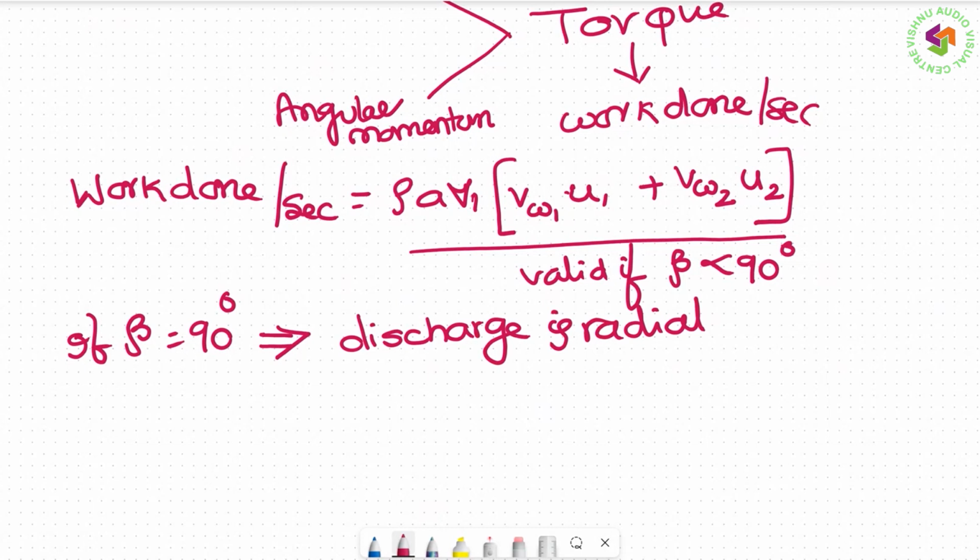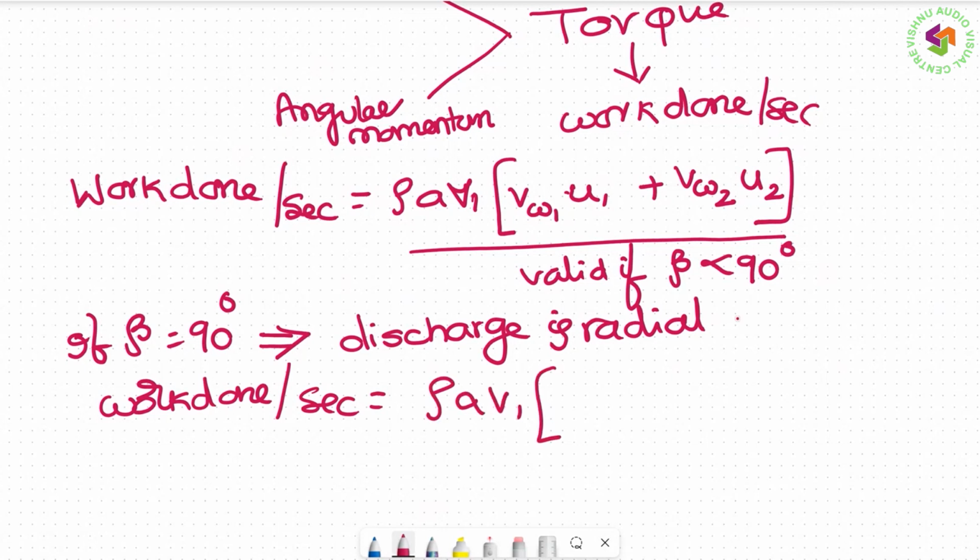Discharge radial in any problem means beta is equal to 90. In such a case, work done per second is equal to rho A V1 into VW1 U1, because here VW2 is equal to 0.